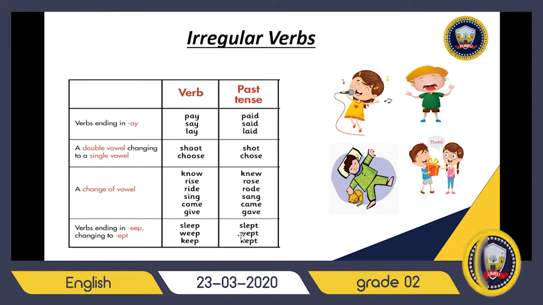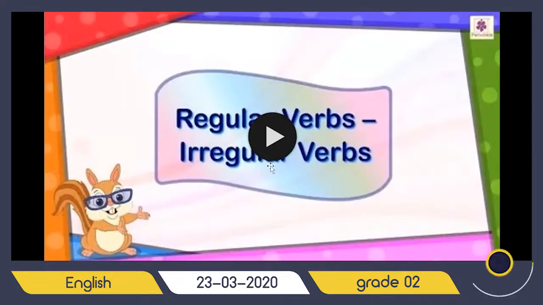Sleep, slept. Weep, wept. Keep, kept. I hope by using this table, it will be easy for you to remember the past tense for irregular verbs. In order to understand this topic in a better way, I want you to watch this video.